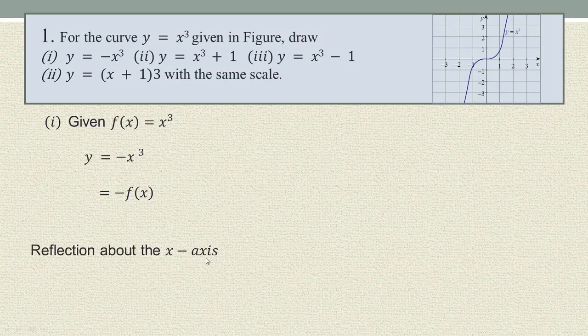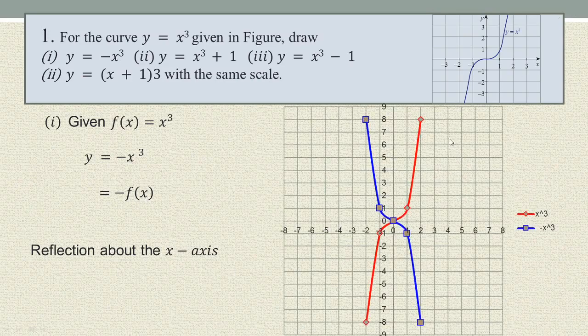I gave you three important keys. This is the first key. If you have y is equal to minus f of x, it is the reflection about the x-axis. Always I denote the base function as red color, so the red is the x cube base function, and this blue is the corresponding function, y is equal to minus x cube, minus f of x.